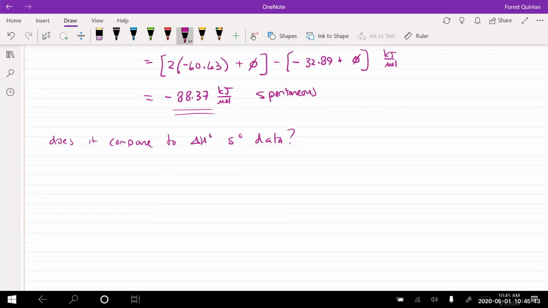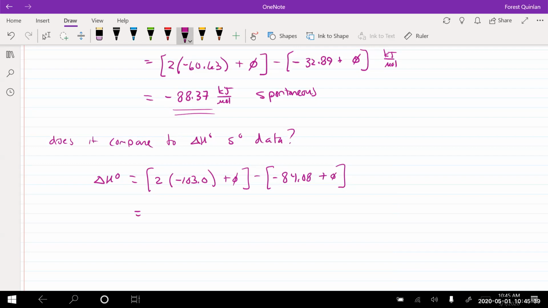So my delta H naught is equal to 2 times the negative 103.0 plus the other one, which is nothing, minus the negative 84.08 plus its elemental of nothing.